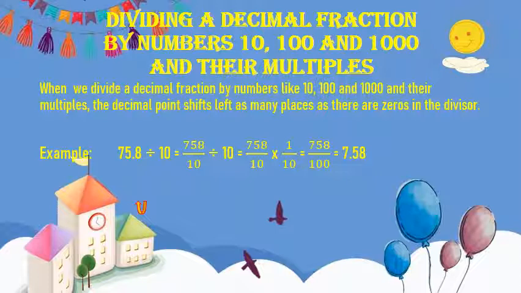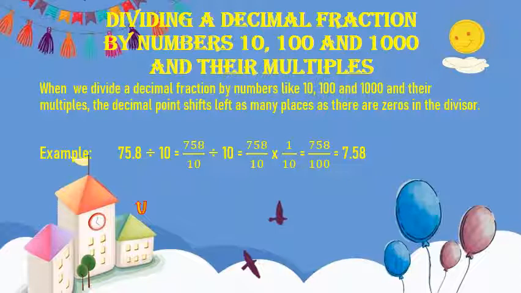So now children, what we have observed is that we are dividing 75.8 by 10 and in 10 there is 1 zero. So the decimal point in the product that we get, 7.58, is after the digit 7, right?